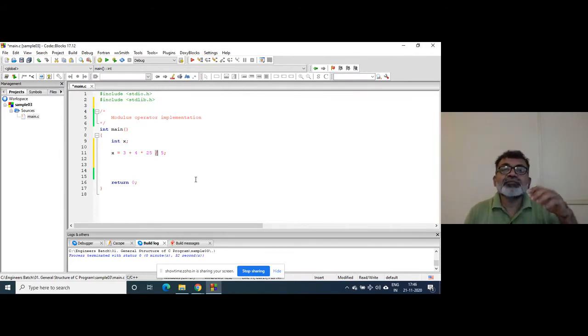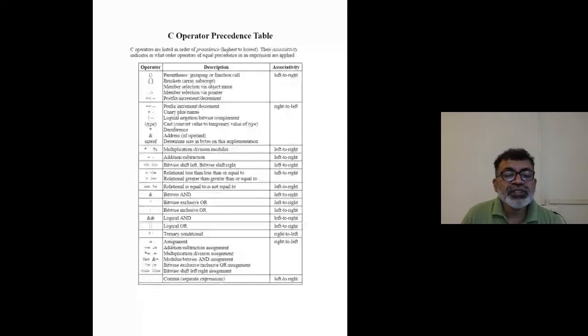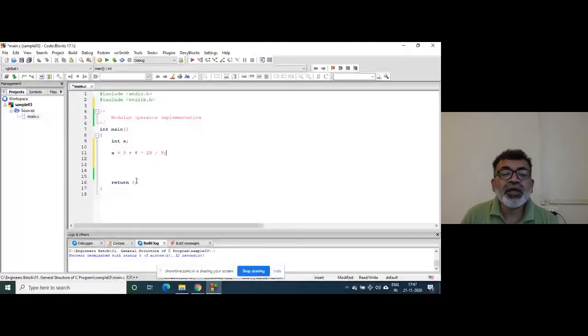There is no rule that multiplication has to be first and division second. When these operators appear side by side successively, then associativity comes into the picture. The associativity of multiplication, division, and modulus is left to right. So this will be solved first, then 100 will be divided by 5.